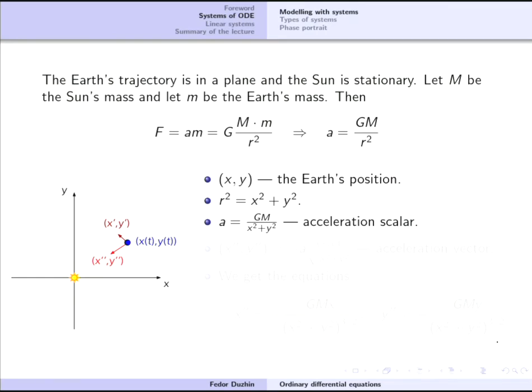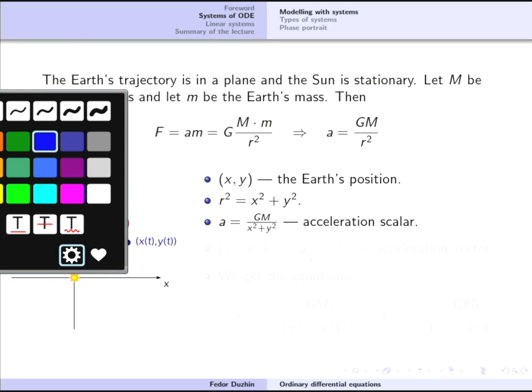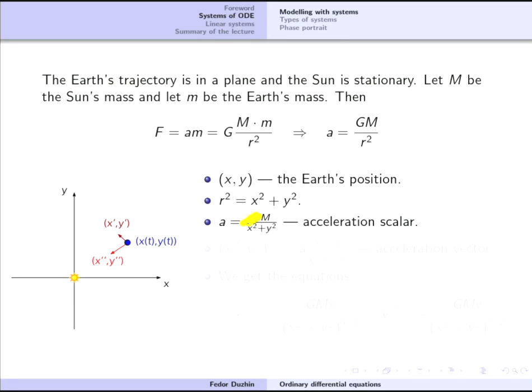What Newton's law tells us is that the magnitude of acceleration is this number, but the direction of acceleration is, of course, just towards the body that exerts the gravitational force, right?